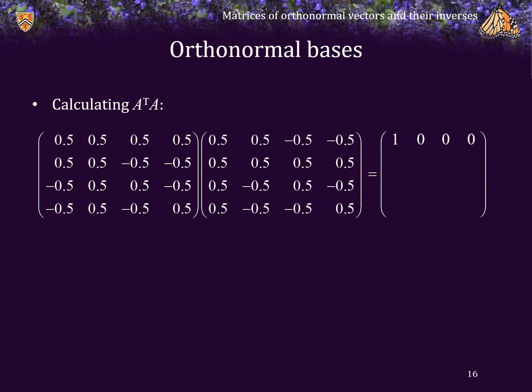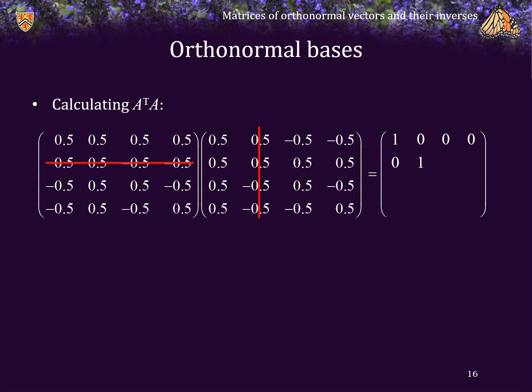To calculate the second row, again, we're multiplying the second row element-wise by the first column and adding, and because that's the inner product of the second and first vectors, the result is 0.